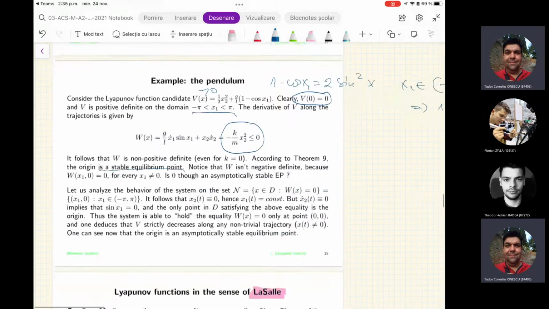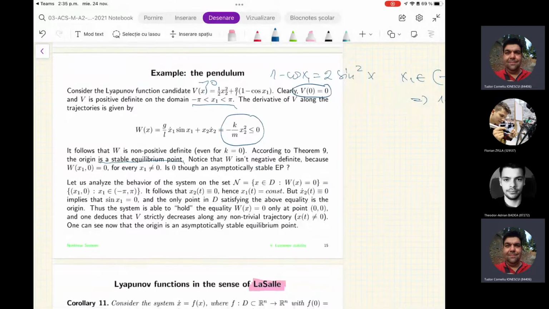A very good example here is the pendulum, whose Lyapunov function is its own total energy function, that is, the kinetic energy plus the potential energy.